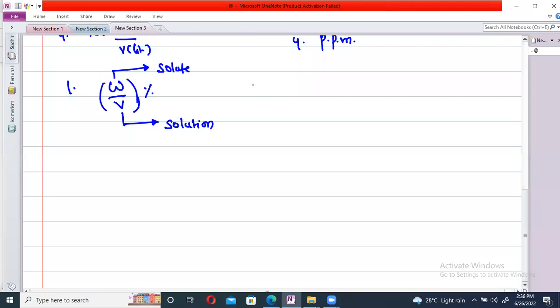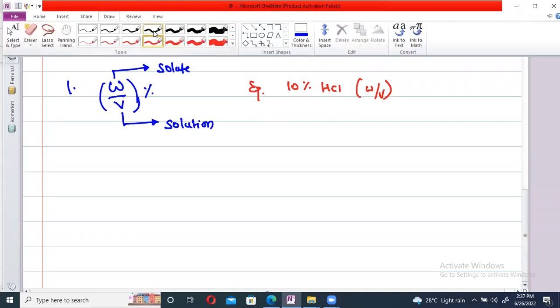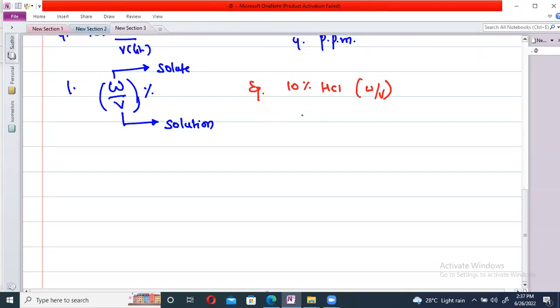I will go with one example here. Sir, I am having 10% HCl W by V. What does it indicate? See, this W which is at the numerator becomes solute. The first number is the numerator and the percentage is at the denominator.